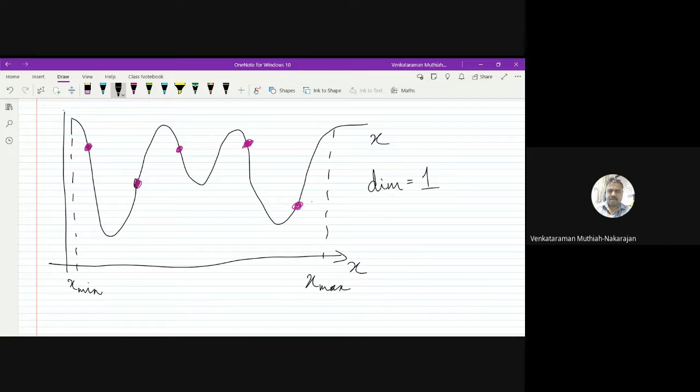But the geometry is similar even for higher dimensions. So you put the points arbitrarily in the X space, that is, at arbitrary locations of X. And this X space, the region between X min and X max, is called the search space.